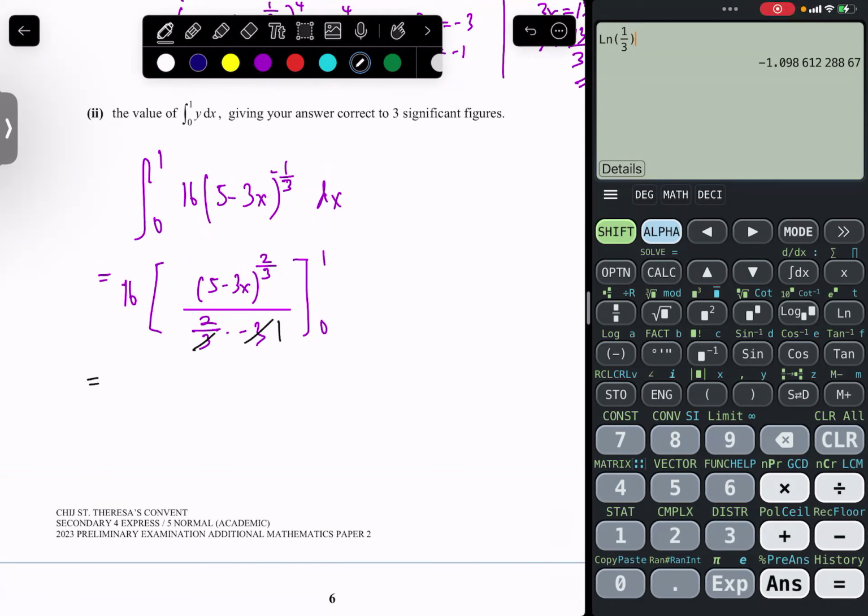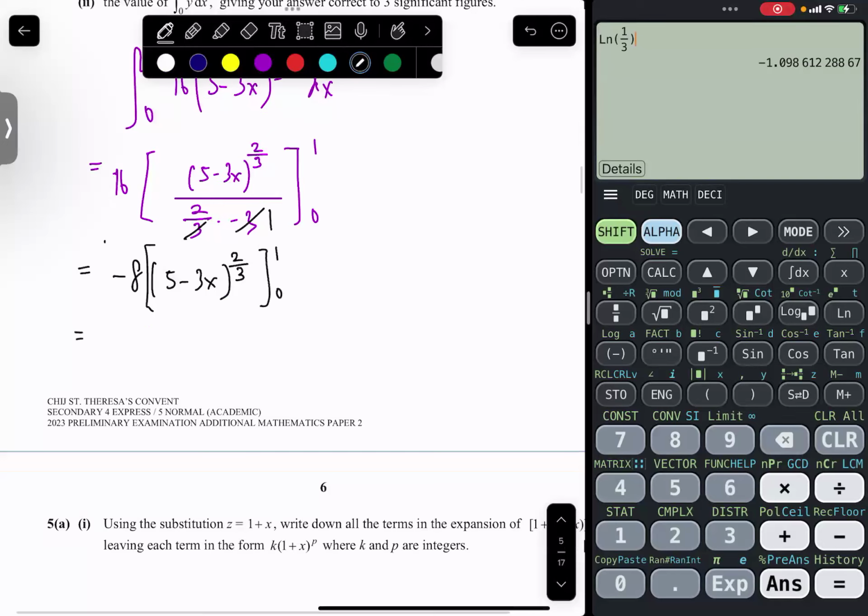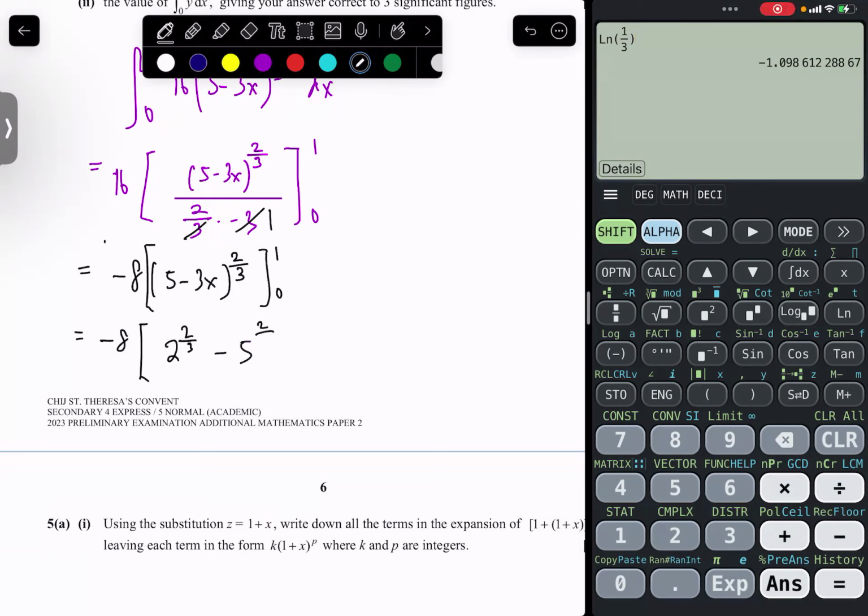Anyway, it'll still be the same result: negative 8 times (5 minus 3x) to the power of 2 over 3, from 1 to 0. So let's bring in the negative 8 at the final end. We'll have 5 minus 3 is 2, 2 to the power of 2/3 minus 5 to the power of 2/3.